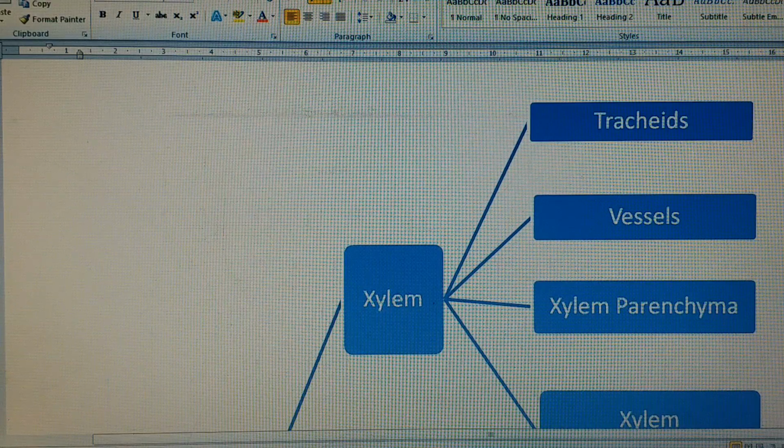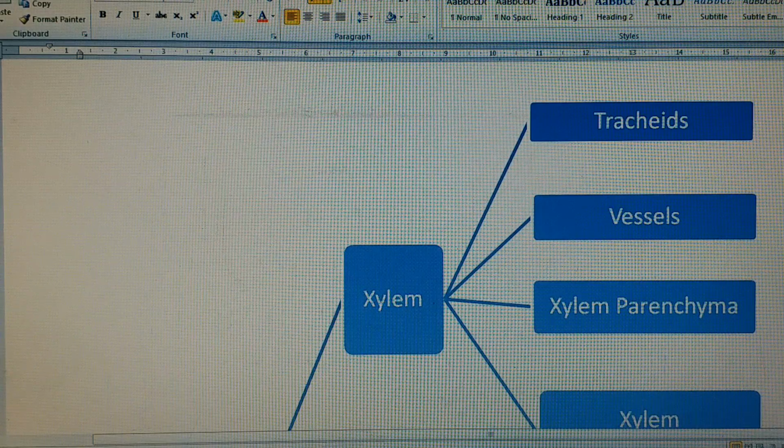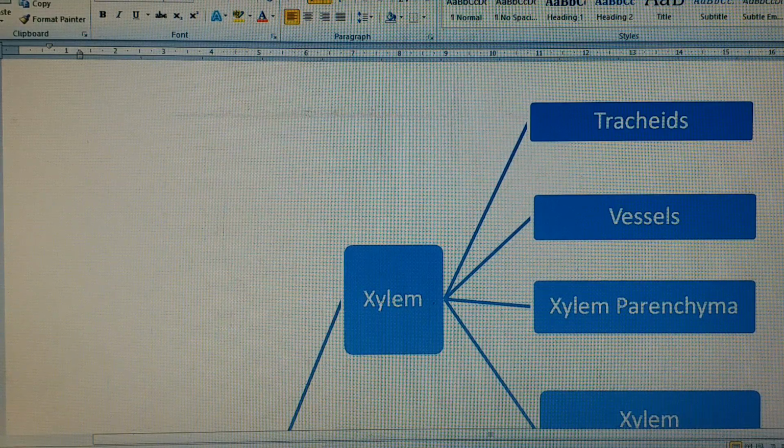The tracheids are thick cell wall cells. Their cell walls are thick because of the deposition of lignin, so the passage of transportation is very narrow.